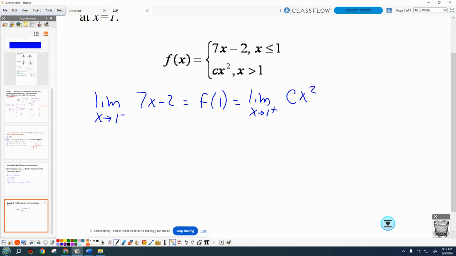Gross. This is proving the continuity and how to calculate, plugging in the 1. Both of these are the same equation, so 5 equals 1 squared times c. They want to see a little beefy justification to it. So just a heads up.